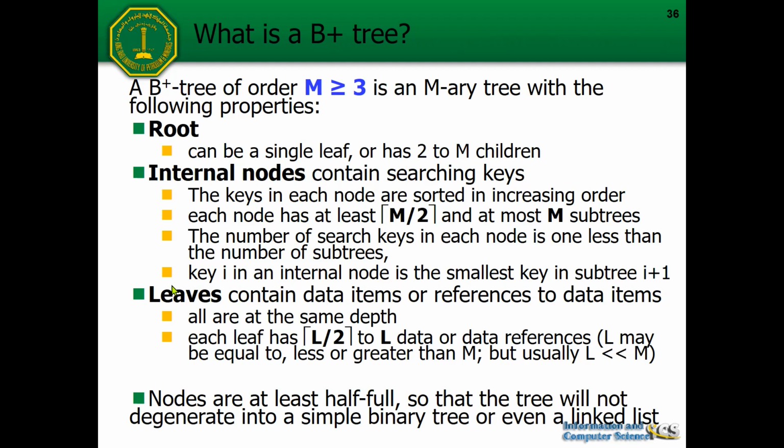The second thing we need to notice is that in the B+ tree, there are two kinds of order. The first one is M, which is the same as in the B-tree, the branching factor. Second one is L. L is the maximum number of keys that is allowed in the leaf. We will also look at this definition of L more easily when we go through the example.